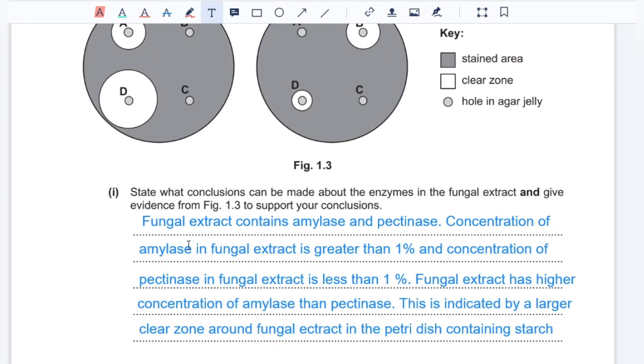Concentration of amylase in fungal extract is greater than 1% due to the larger clear zone in this dish, and concentration of pectinase in fungal extract is less than 1% due to a smaller clear zone compared to the 1% pectinase solution. Fungal extract has higher concentration of amylase than pectinase as a result, and this is indicated by a larger clear zone around the fungal extract in the petri dish which contains starch.